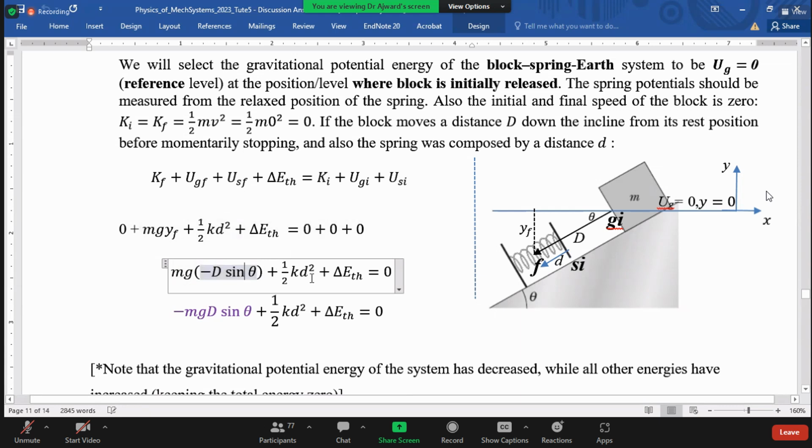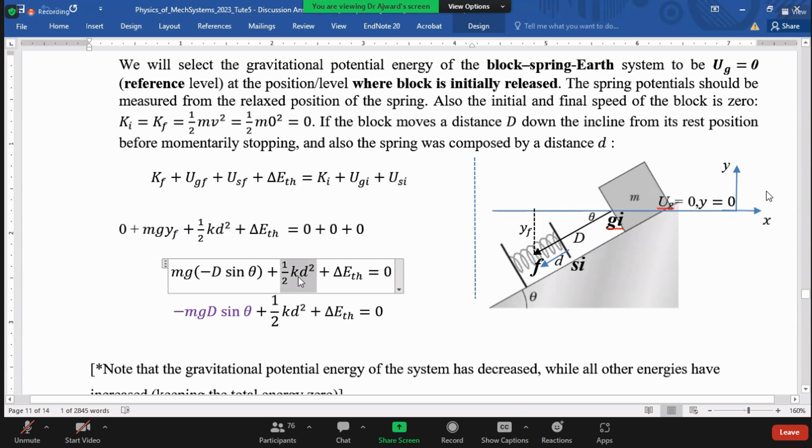And since I assume the spring is compressed by a distance d, I can write this as half kd squared, right? Because remember the spring potential is given by half kx squared. Those things you have to remember, like what is the potential energy due to a spring, or elastic potential energy.